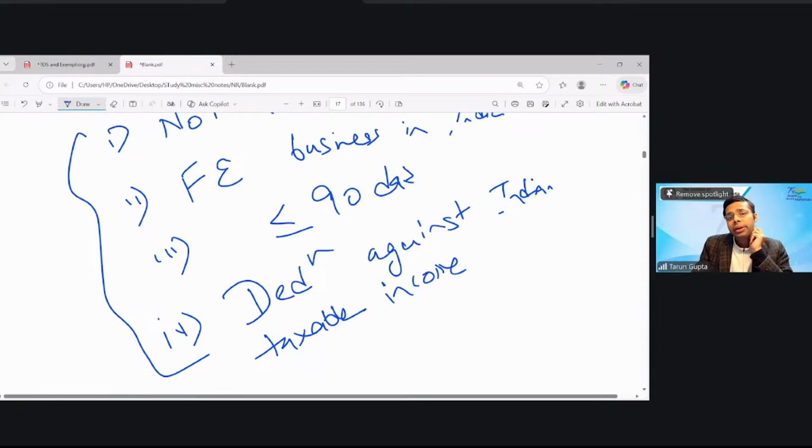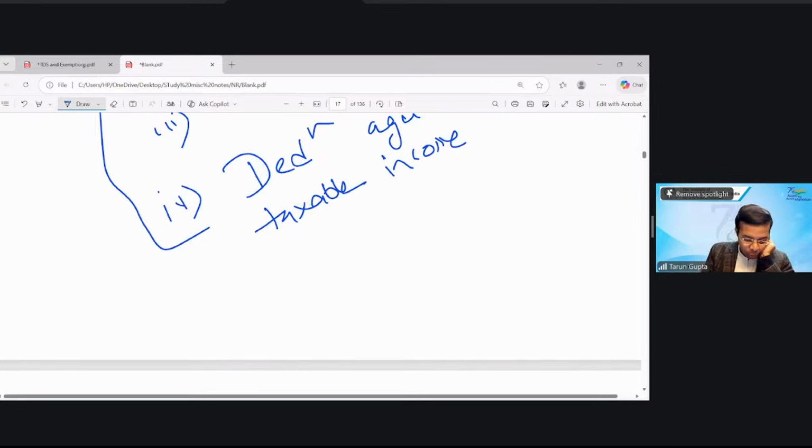And similar conditions are there in the DTAA as well. The condition of quid pro quo is only for employees of the embassies. Though practically, when I say similar conditions are there in the DTAA, and the DTAA is applicable for both countries, generally there is a quid pro quo.